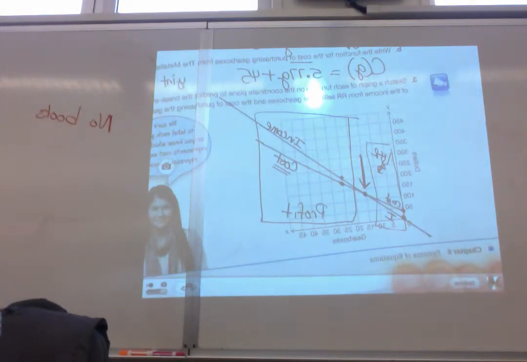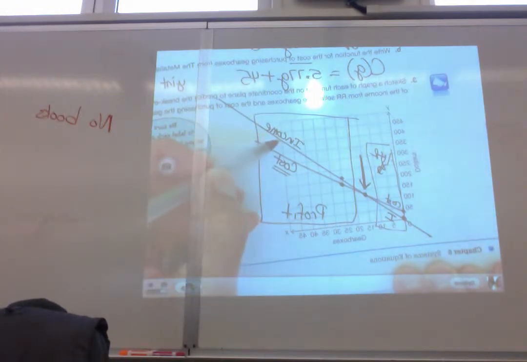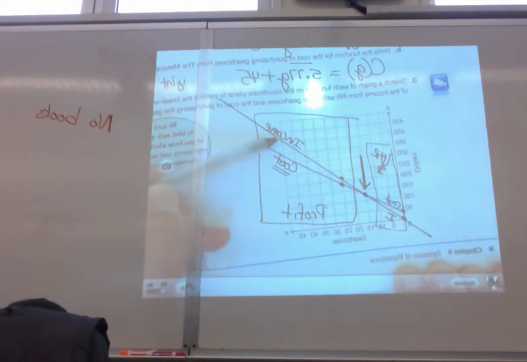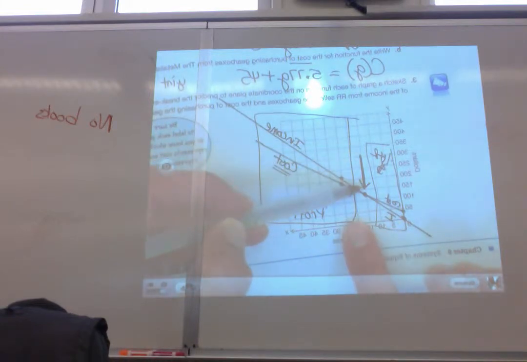Okay. So we had somebody, robots or something, making something, and they had to buy parts, and then they sold what they made. And we looked at two functions, income and cost, and one key feature we talked about is this break-even point.